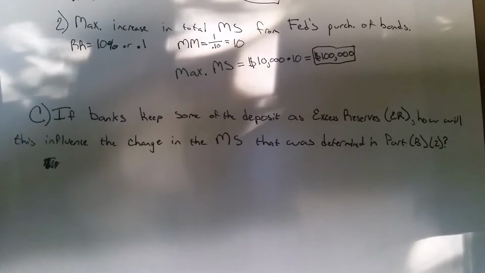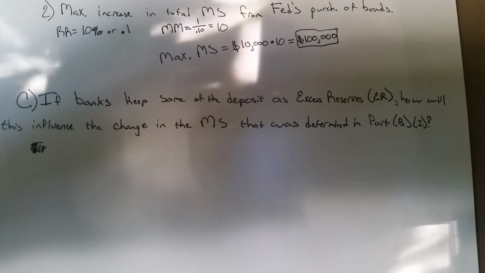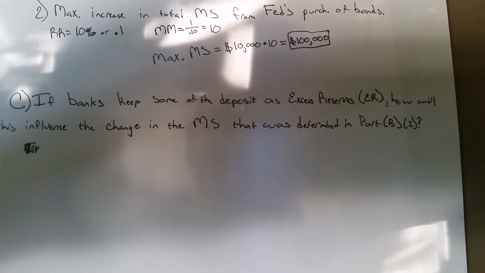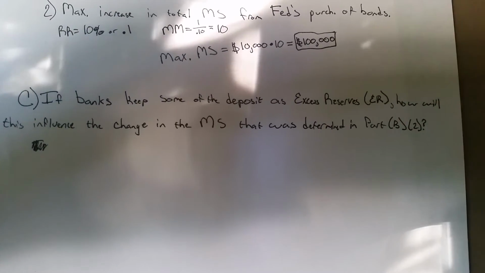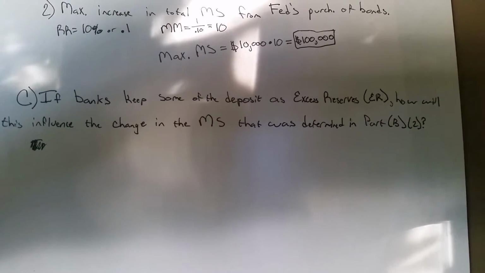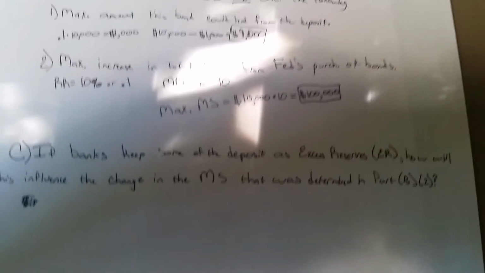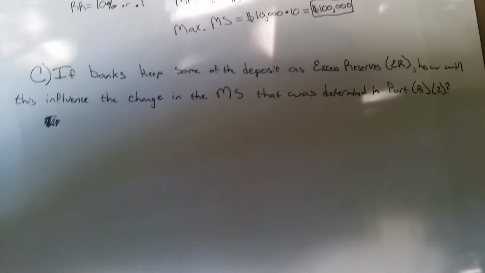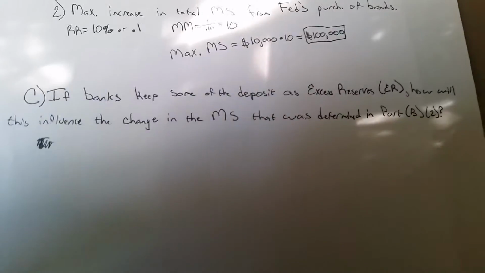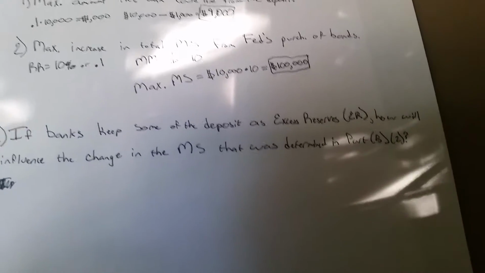All right, the next question asks, if banks keep some of the deposit as excess reserves, or ER, how will this influence the change in the total money supply that was determined in Part B2? Now remember, in Part B2, our total money supply change is $100,000. The answer is pretty simple.